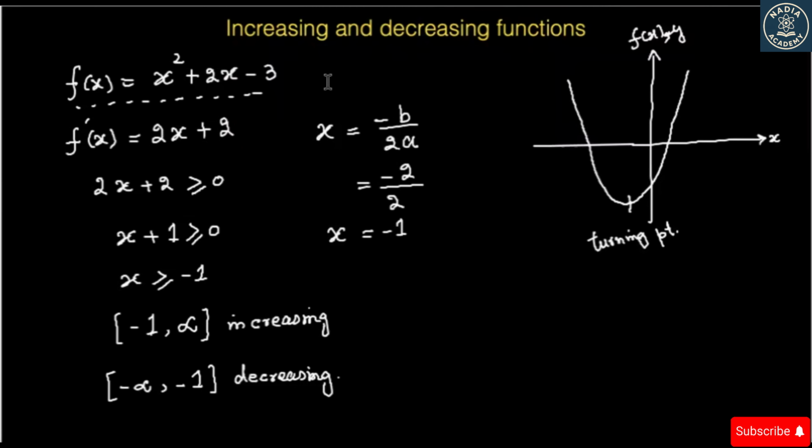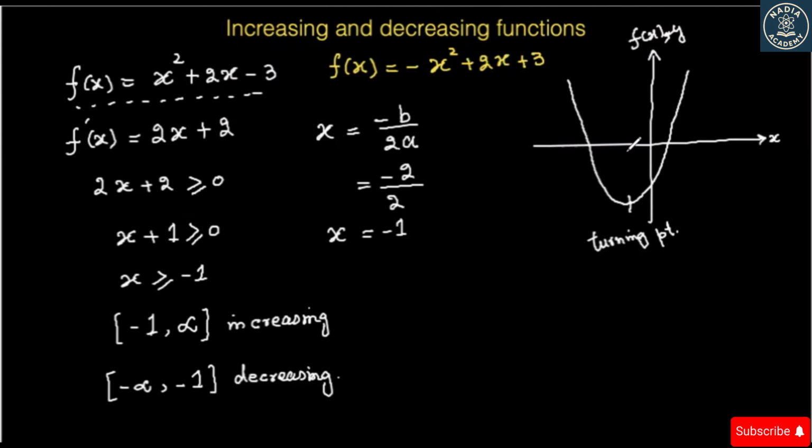Now let's consider that we have a negative x square term, meaning that we just flip this parabola. Now our new quadratic function f of x is negative x square plus 2x, and we have positive 3 as well, which is the y-intercept.